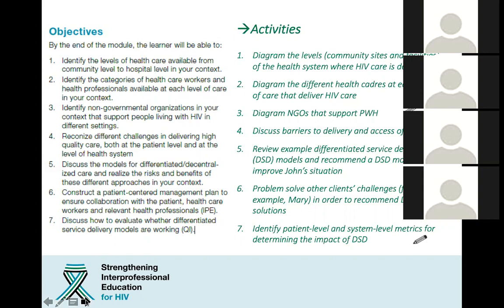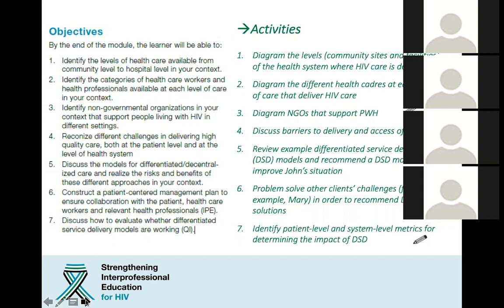So we ask the learners to think through the contextual factors, being urban versus rural, high HIV versus low HIV, that would impact how Andrew might think about these issues. Then in the same activity, we consider the case of Jane, an HIV nurse delivering care in that same district. She knows many clients who are a bit like John, who have to take a lot of time off work to attend clinics.